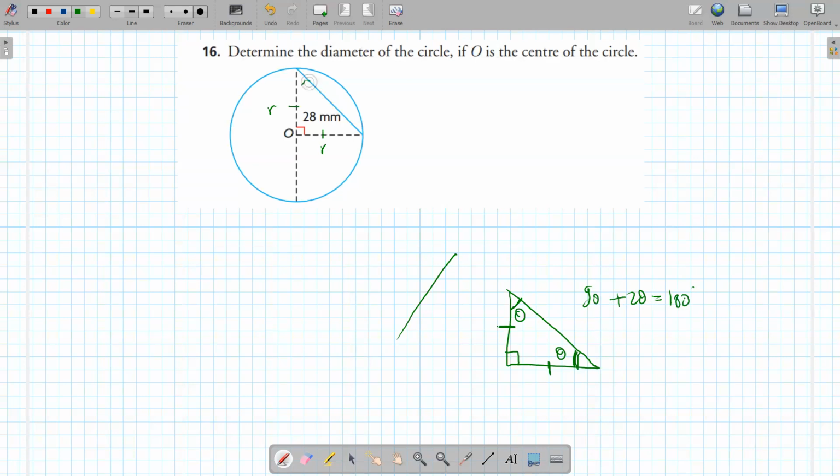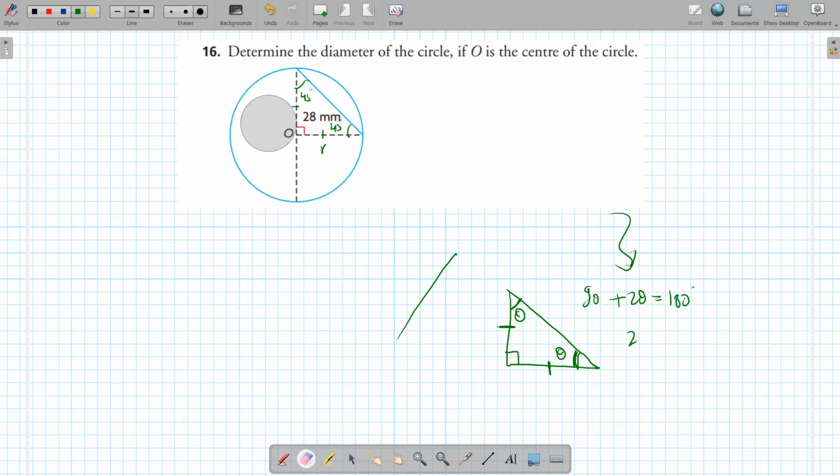So what's this angle up here? You can also think about it intuitively. This angle and this angle must add up to 90, and they're exactly the same. 45. So we know the angles. This is 45. This is 45.